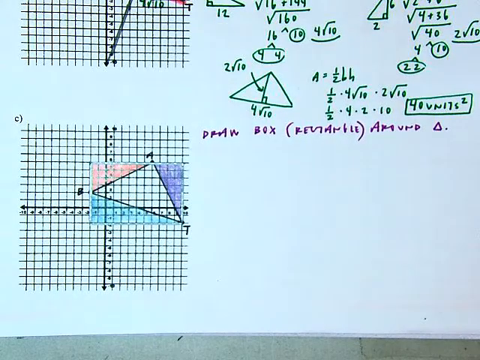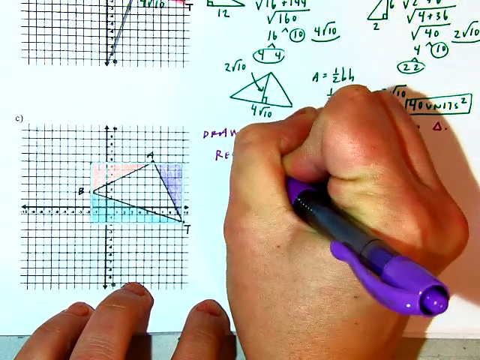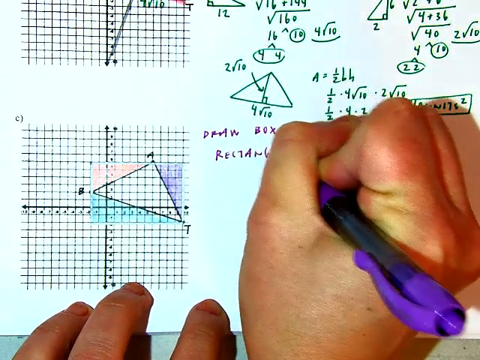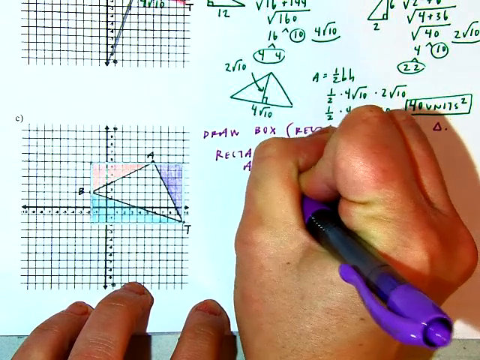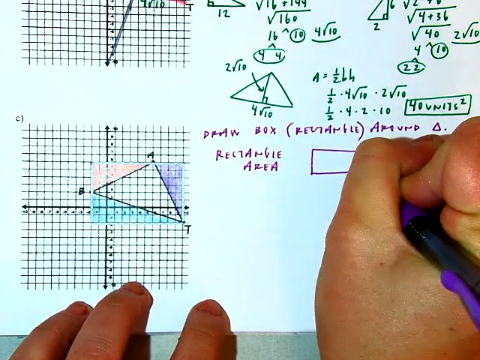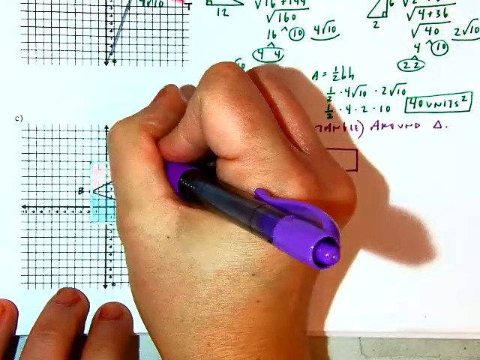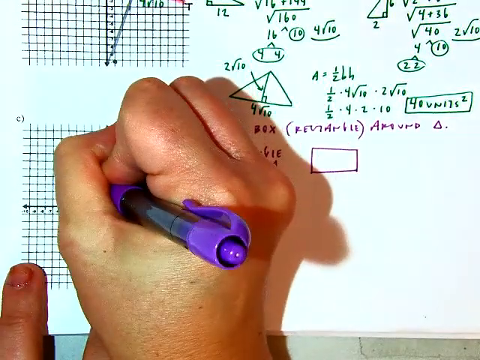Okay, so now what I want to visualize is my rectangle area first. So my rectangle looks like this right now. And let me add in what these measures are. So here is 8 and 4.